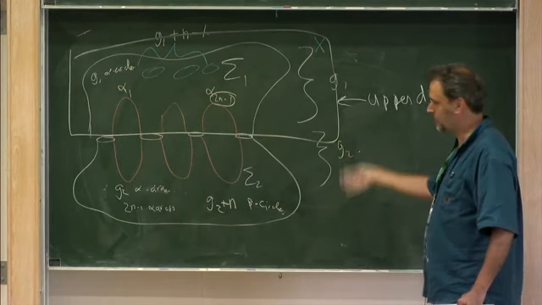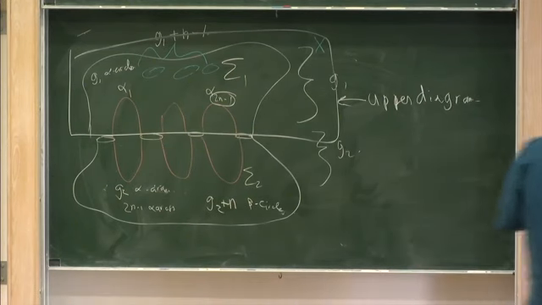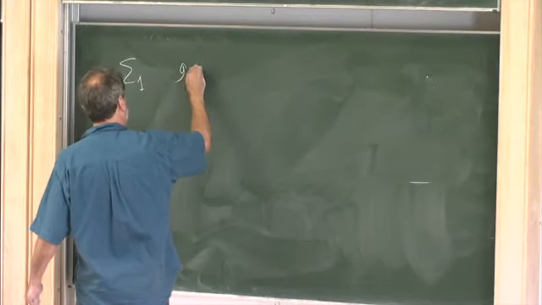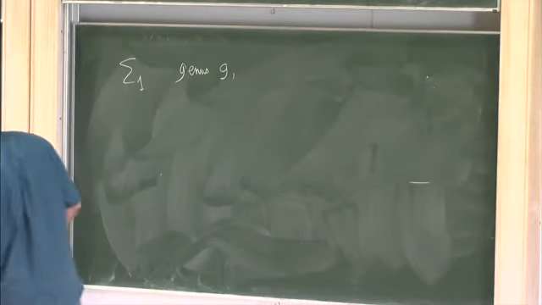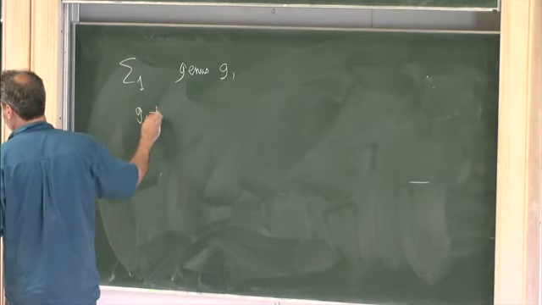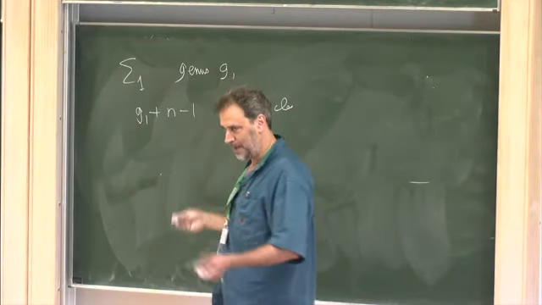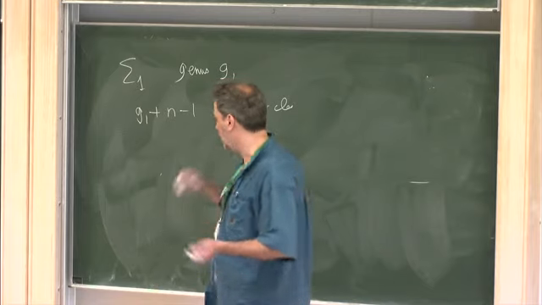a surface with boundary, sigma 1 of genus G1. It has G1 plus n minus 1 beta circles that are pairwise disjoint, homologically linearly independent.